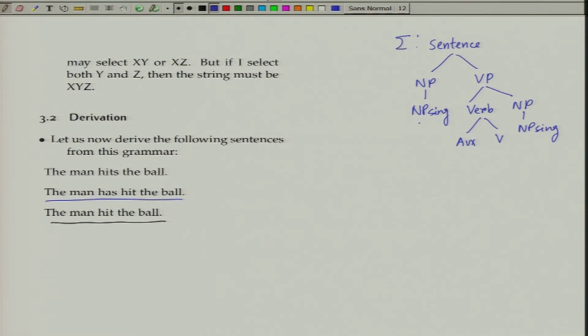Then this goes to three things, T, N, and nothing. This also goes to three things, T and N and nothing.